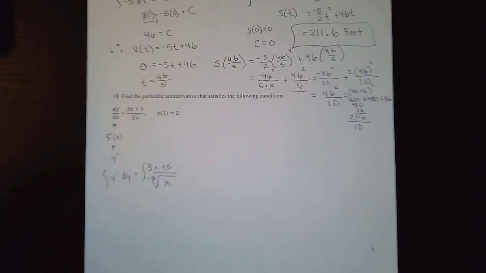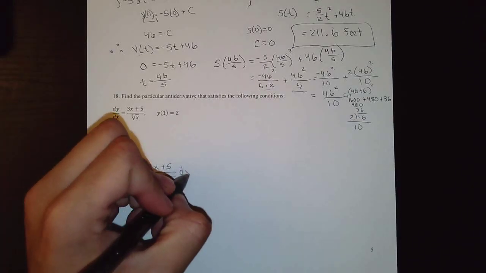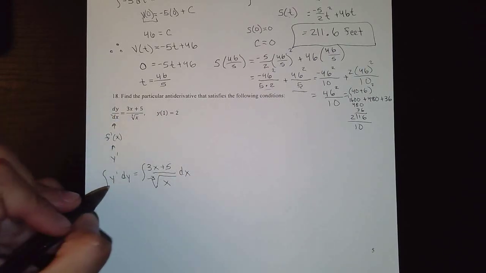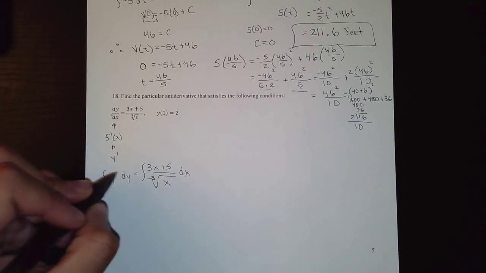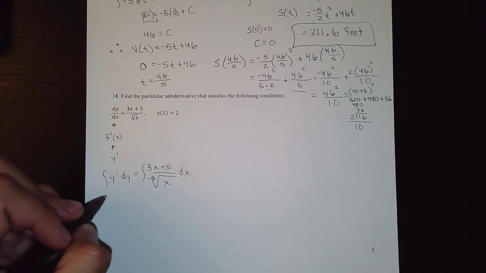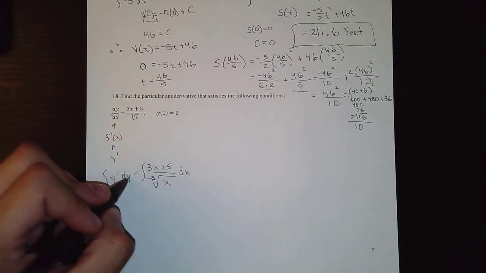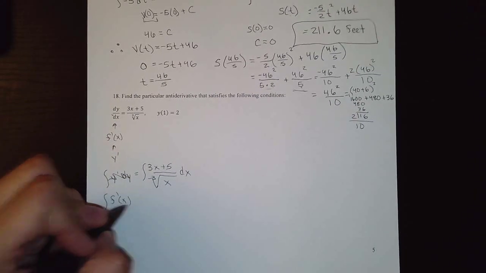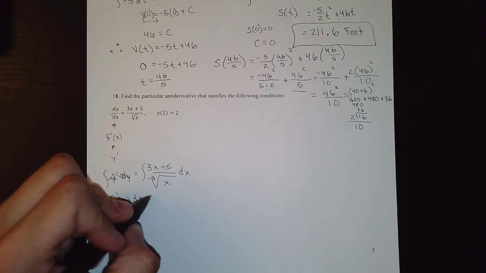So we just have to take the antiderivative of both sides. And when you take the antiderivative of the derivative, you get the original function. I should have probably used the f prime of x dx because that looks more appropriate.